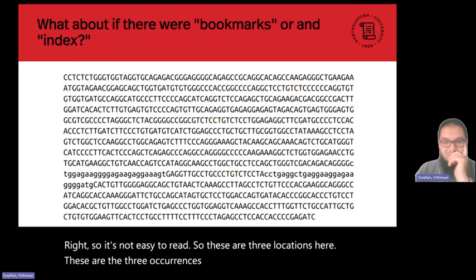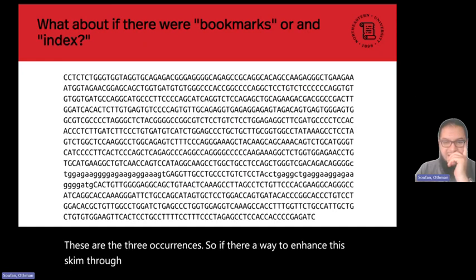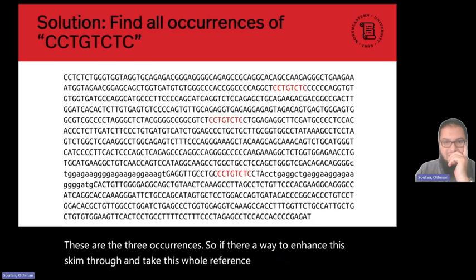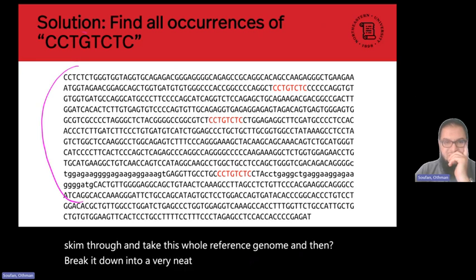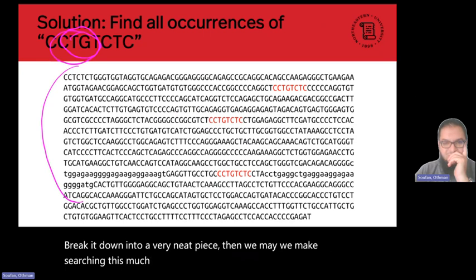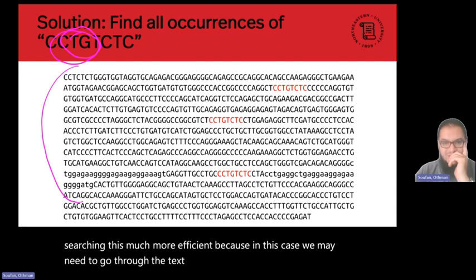So is there a way to enhance this skim through and take this whole reference genome and break it down into a very neat piece, so we make searching much more efficient? Because in this case, we may need to go through the text for one read.